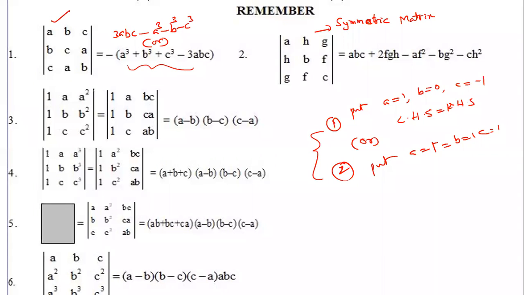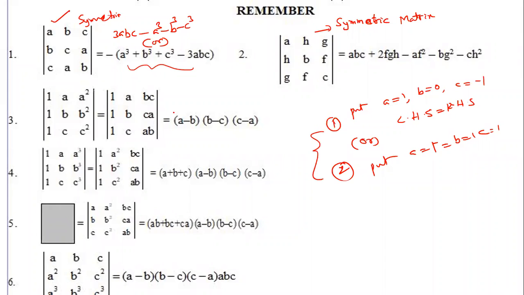So you can use either one or two. Now put A is equal to 1 like this for all the cases, except the second question, that is the FGH one. Anyone observing this is a symmetric matrix? One also symmetric matrix. Okay, no problem. Now see, verify if you want.